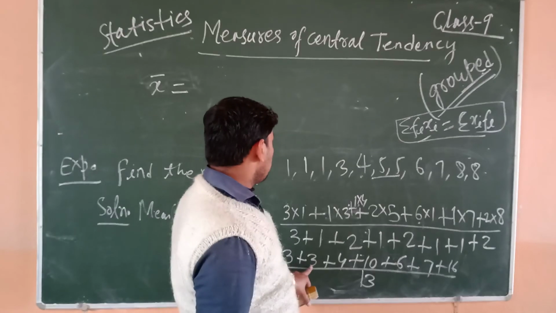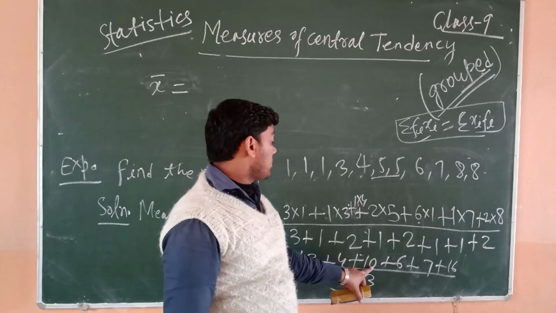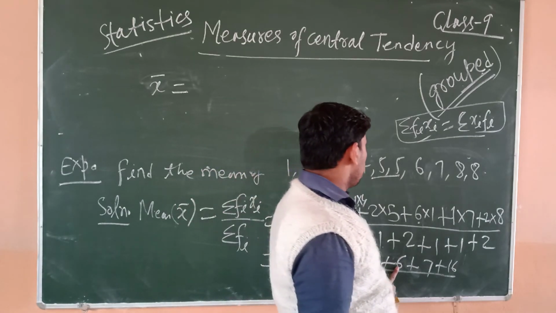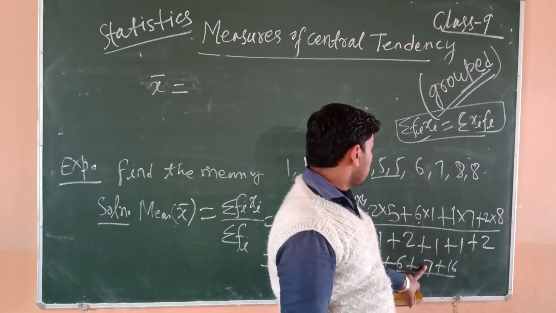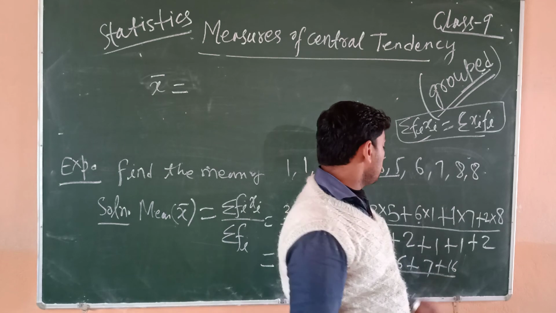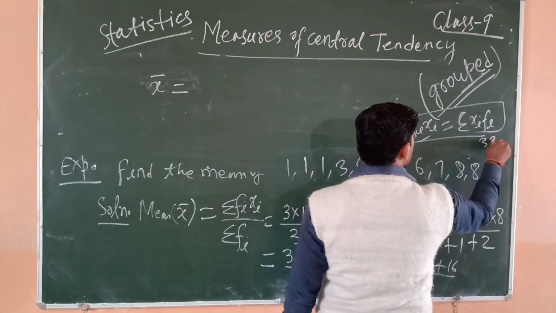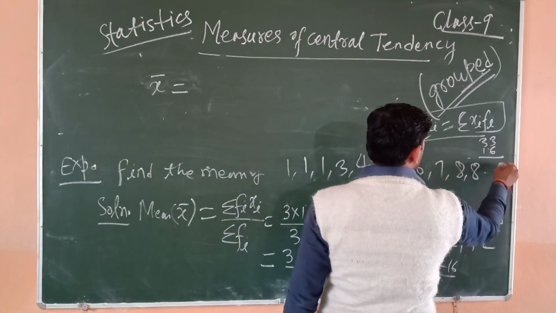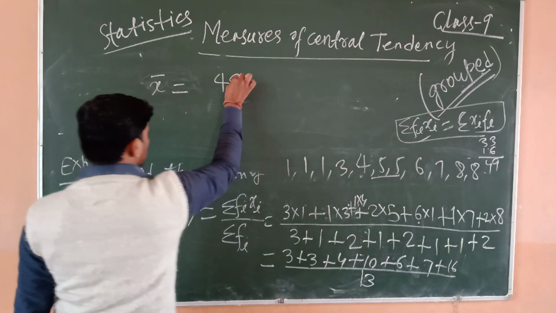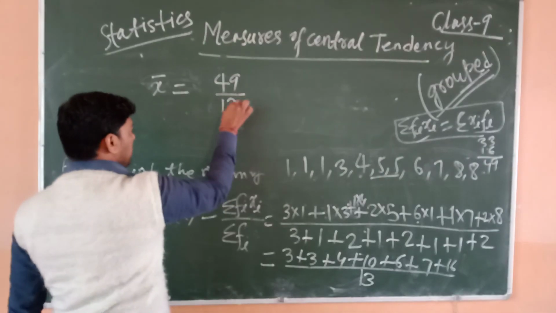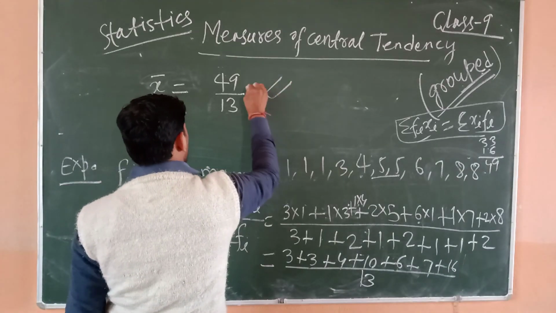Add it: 3 3 6 6 4 10 10 20 20 plus 6 26 26 plus 7 33 33 plus 16 is 49 upon 30. This is the required mean.